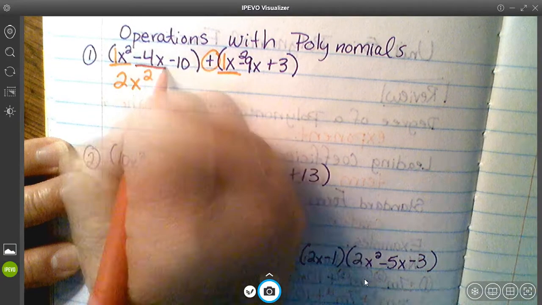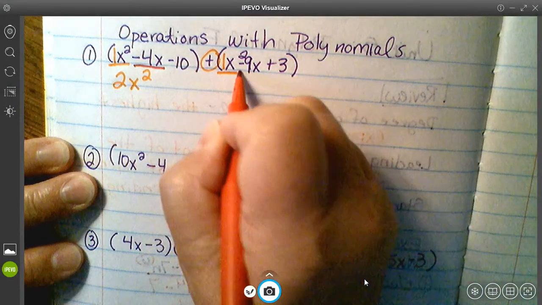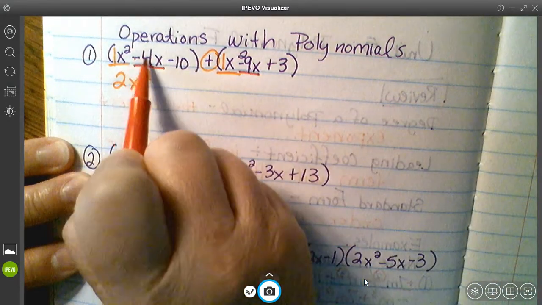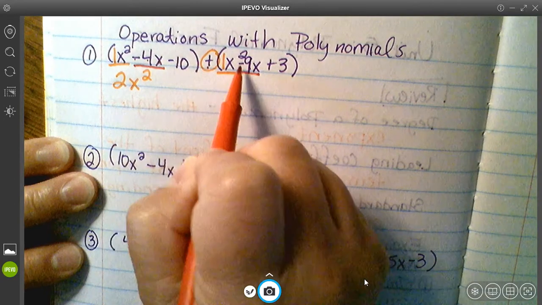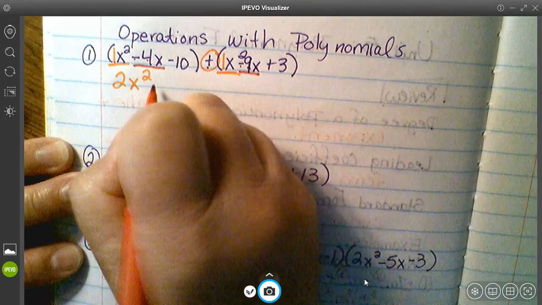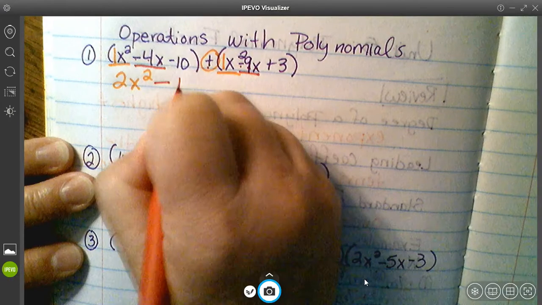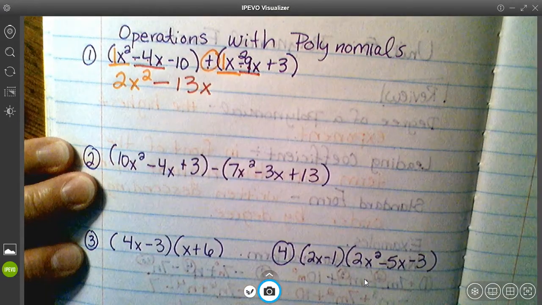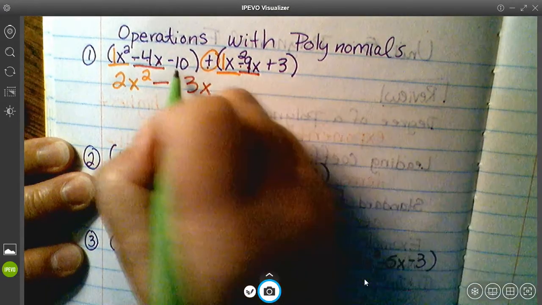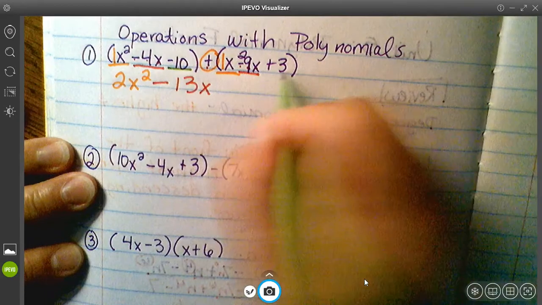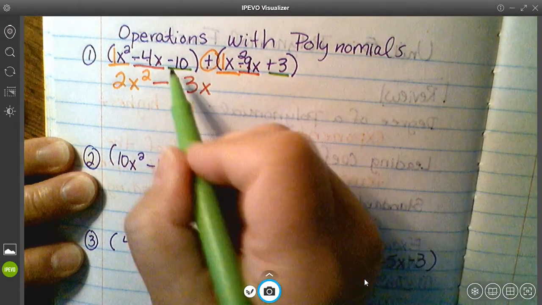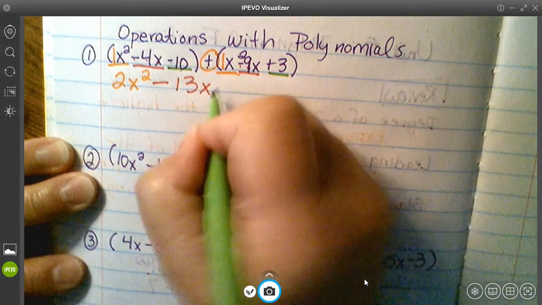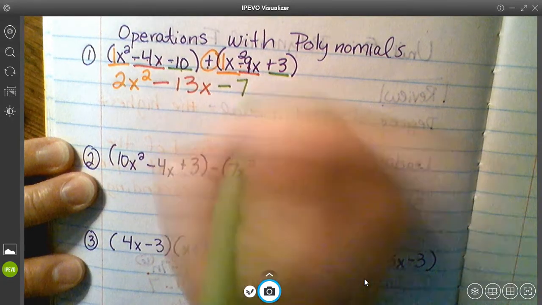Then I have an x term and another x term. So negative 4x plus negative 9x is a negative 13x. And then I have my constant terms, a negative 10 and a positive 3. Negative 10 plus 3 is a negative 7.